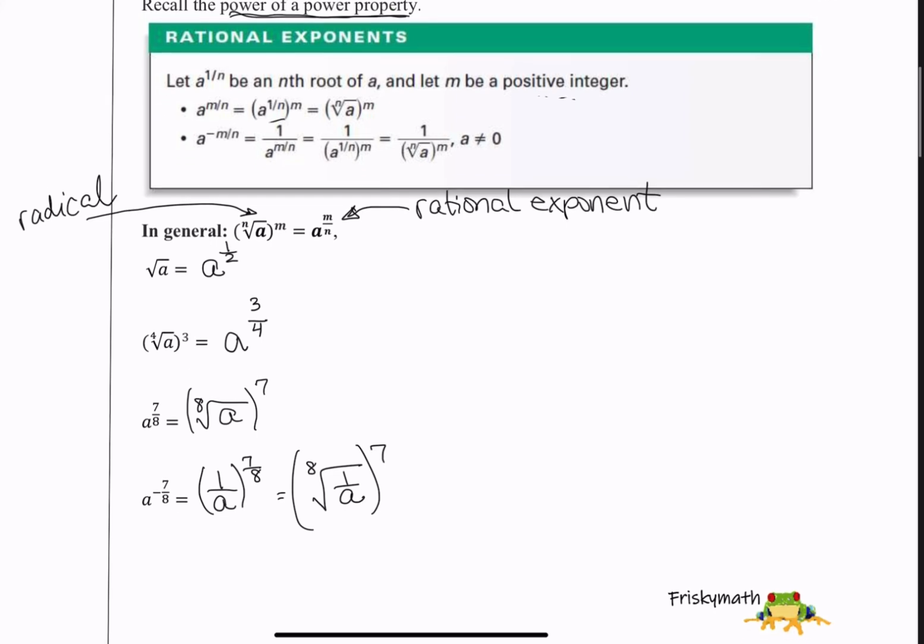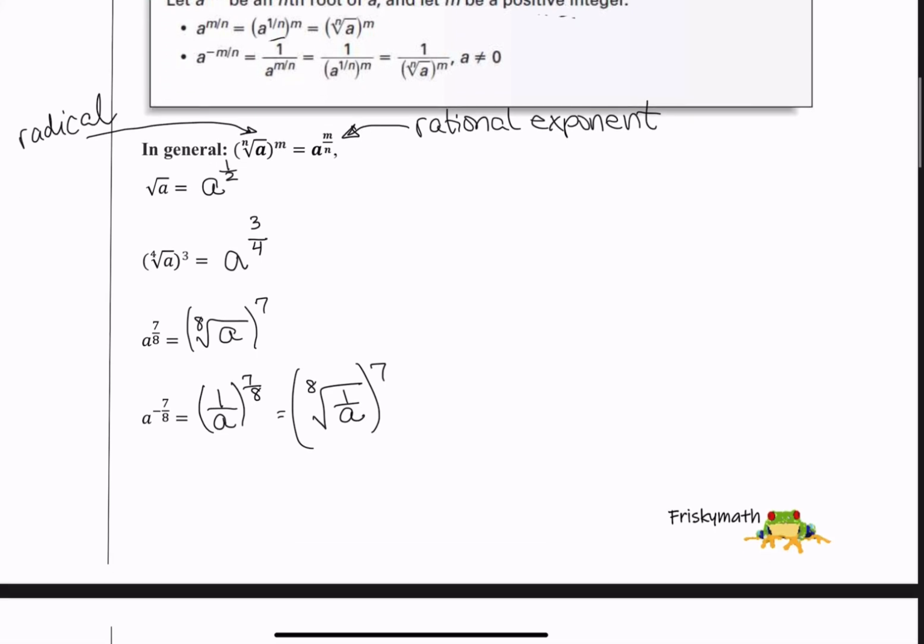I could also write this another way. Remember your power of a quotient where you could give the power to the numerator and the denominator? So I could actually write this as 1 to the 7/8 over a to the 7/8. Well, 1 to any power is still just going to be 1.